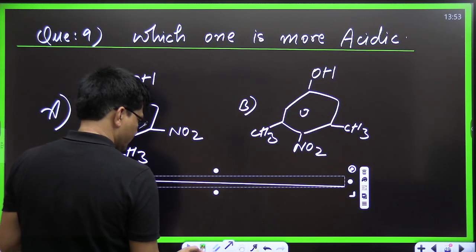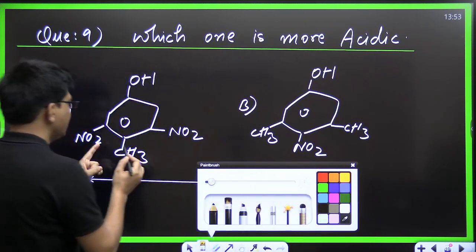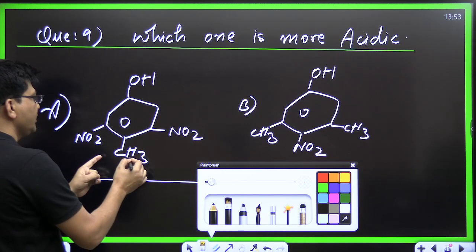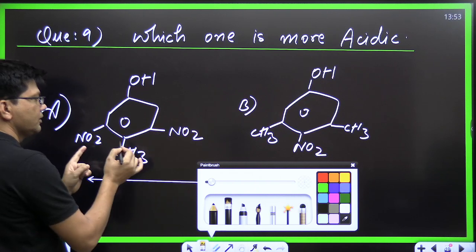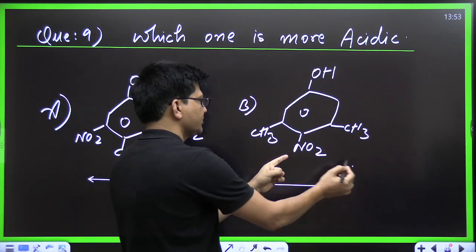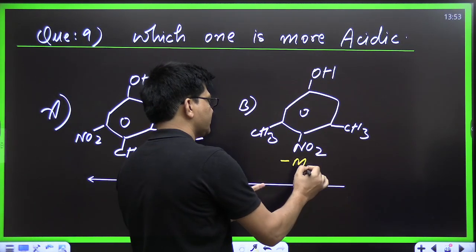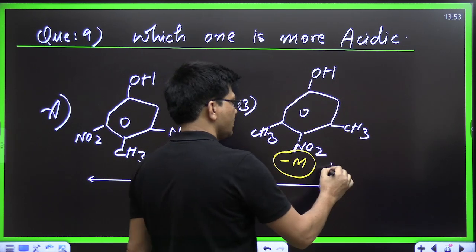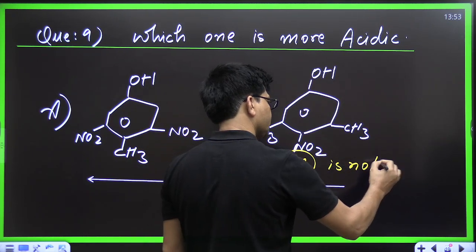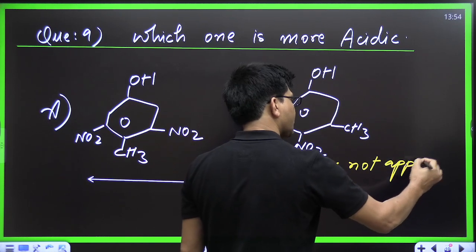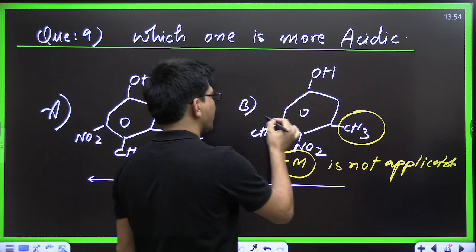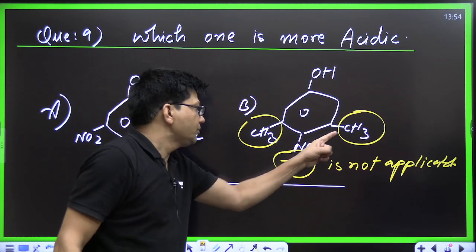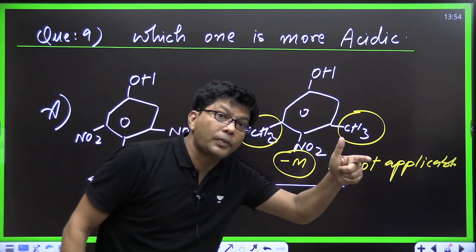Kids, this CH3 is over here and these NO2s are over there. Now you must be saying that, sir, this is at para and it will apply its minus M. Kids, minus M is not applicable. Why is minus M not applicable? Kids, let me tell you. These two bigger groups will make NO2 go out of plane.